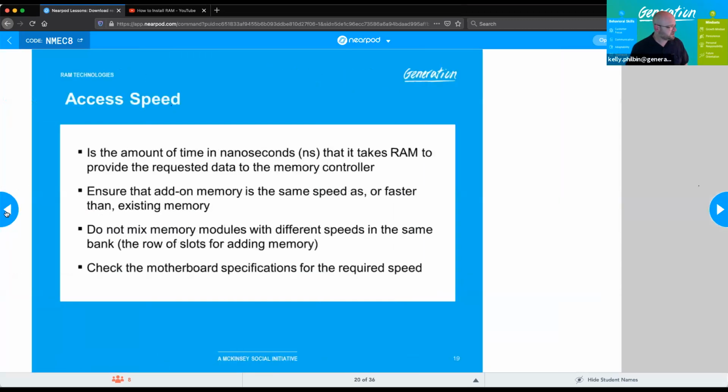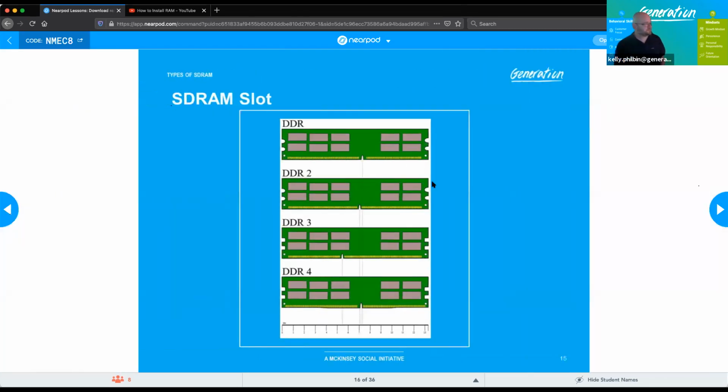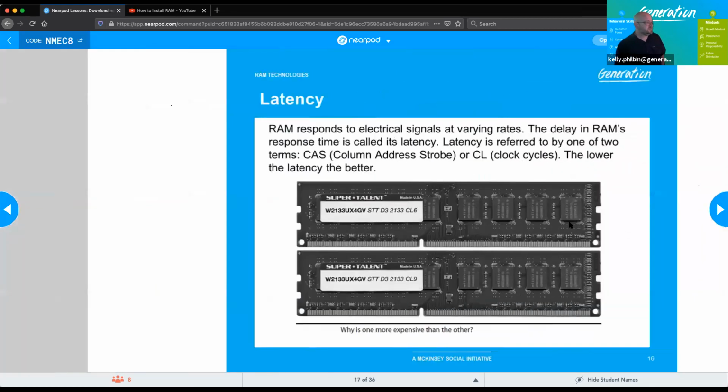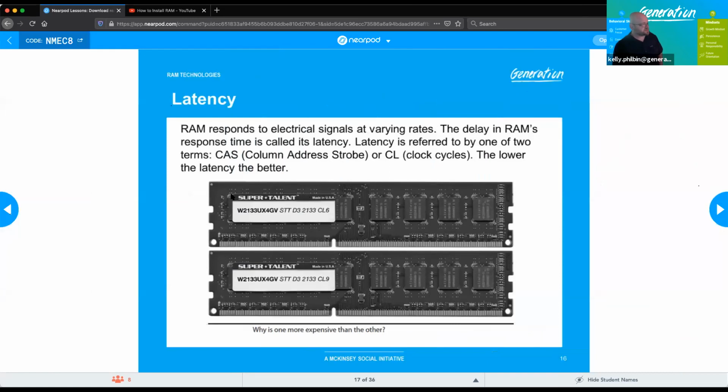Let me go back here a little bit. On these prior examples, you have these solid state memories, which is basically the brain of the RAM. And right here, you will see there is a little tiny microchip added. That is the SPD.